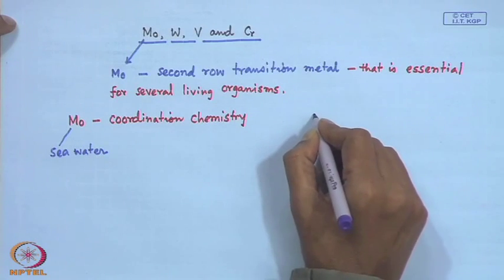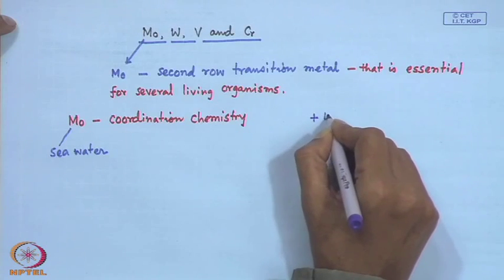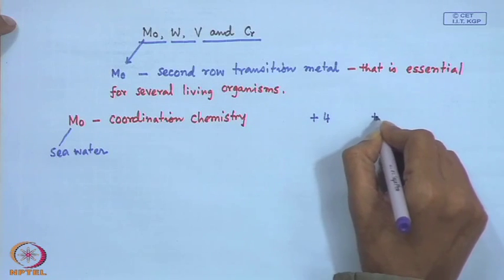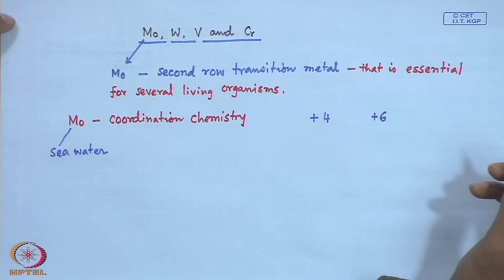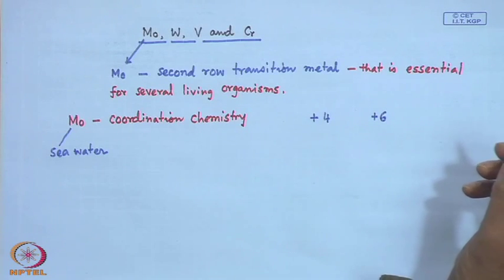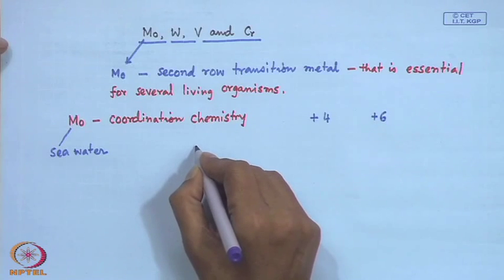And it gives corresponding complexes in two most stable oxidation states, one is +4 and another is +6.